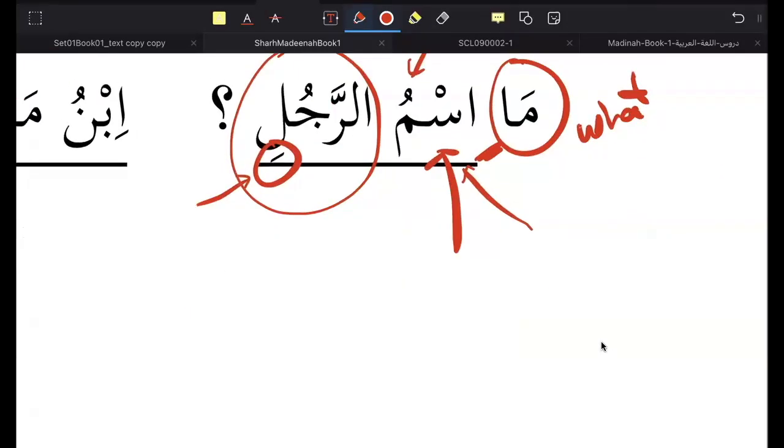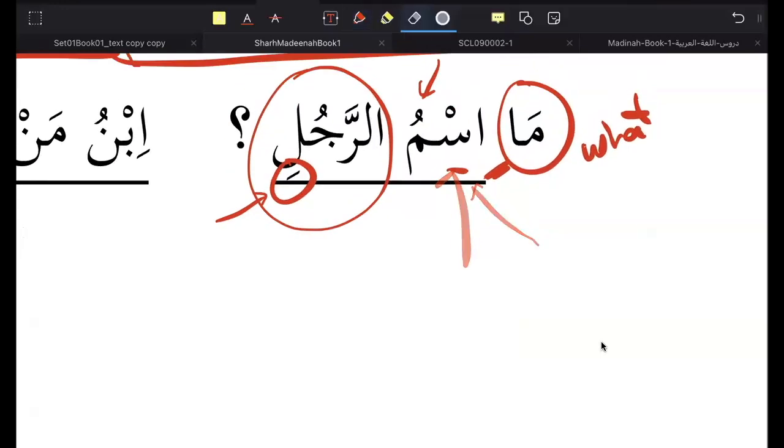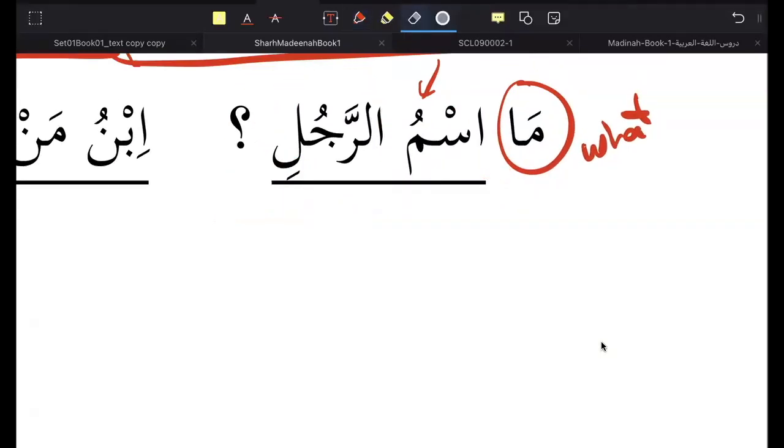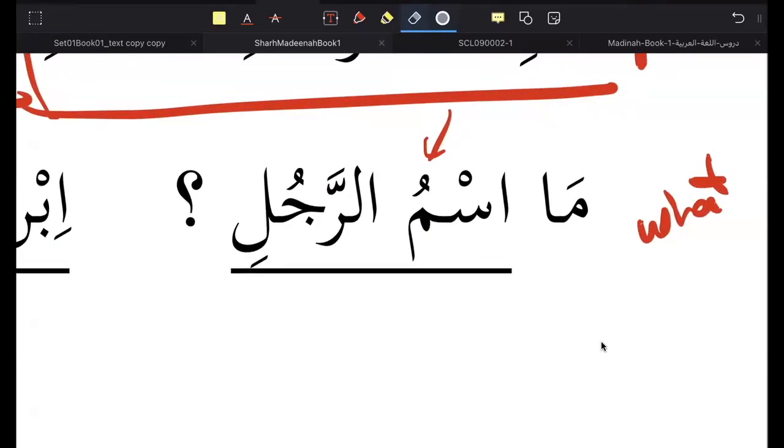Keep that in mind. So if you think about this, one way to identify, at least by looking at something, whether it's idafa or not, possessive or not, is if the first word looks indefinite. Remember last lesson, we talked about definite or indefinite.